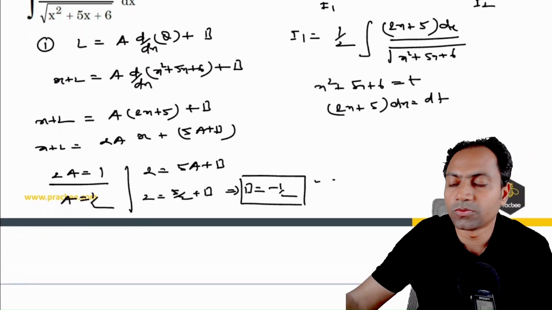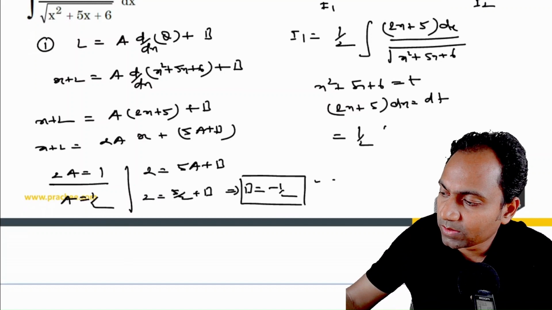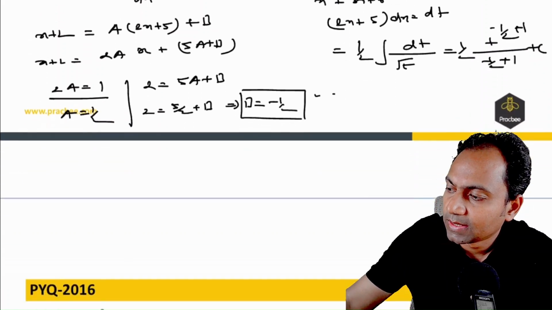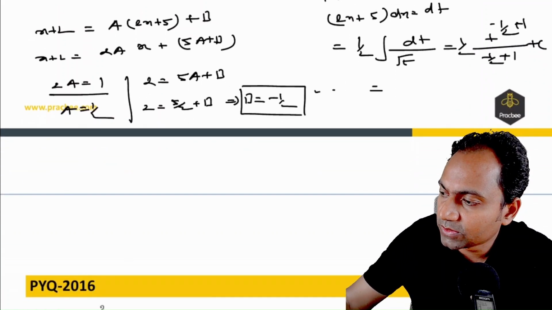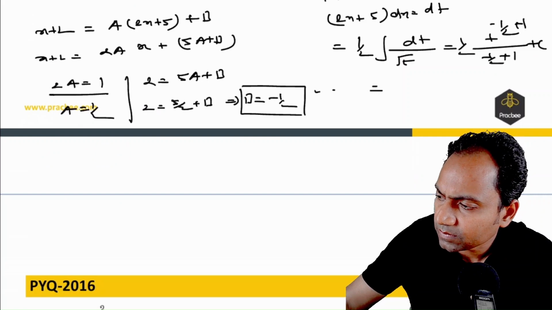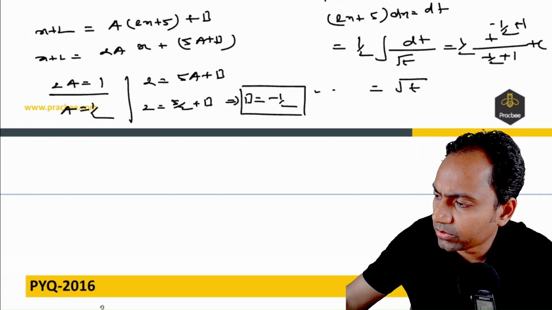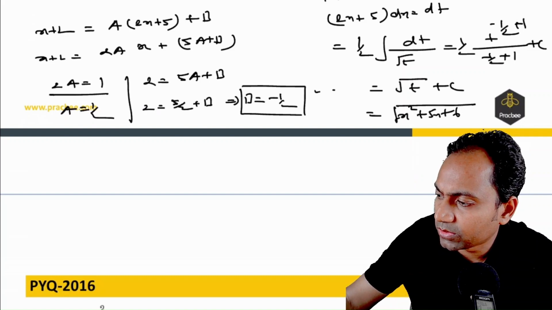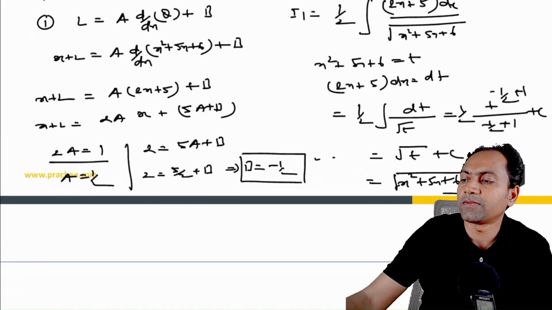And once I substitute this value, this becomes 1 by 2 dt by root of t. And this can be written as 1 by 2 times t raised to the power minus 1 by 2 plus 1, divided by minus 1 by 2 plus 1, plus c. And you can see that the answer to this first part becomes nothing but root of t plus c. And this becomes nothing but the root of x square plus 5x plus 6. This is what we are getting for the first part.